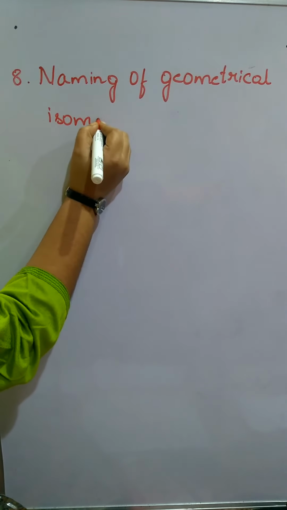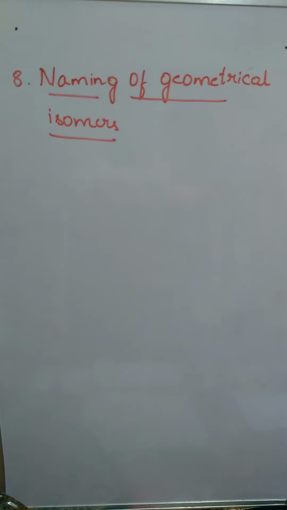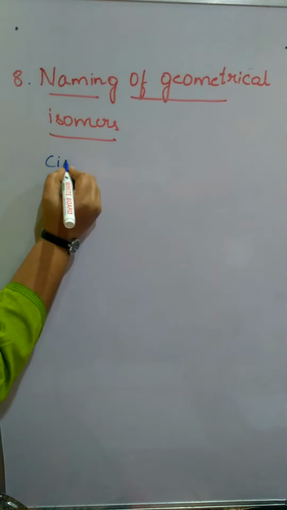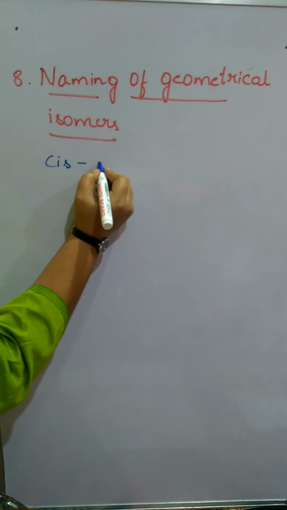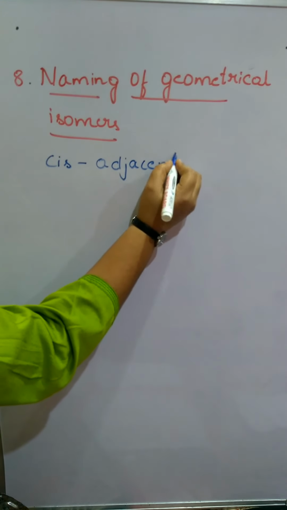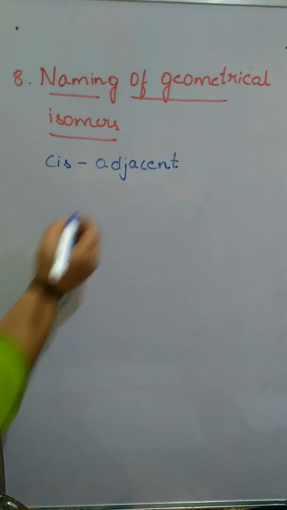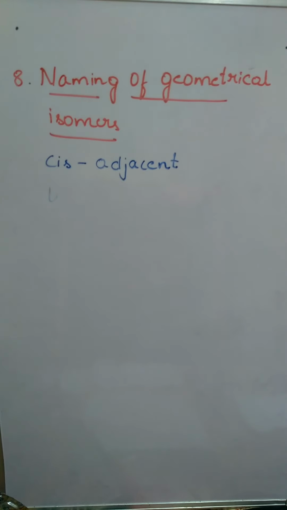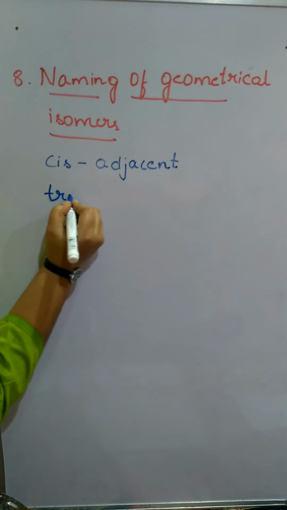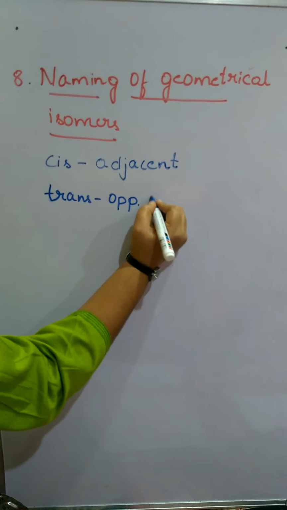So geometrical isomers, in the sense we are going to use cis and trans to name the geometrical isomers. So cis is for adjacent positions and trans is for opposite positions.